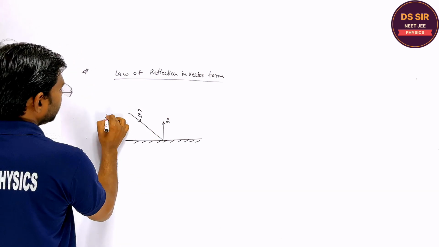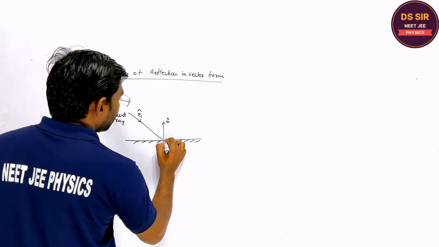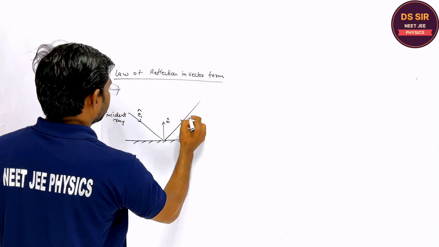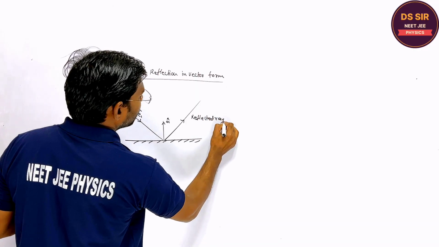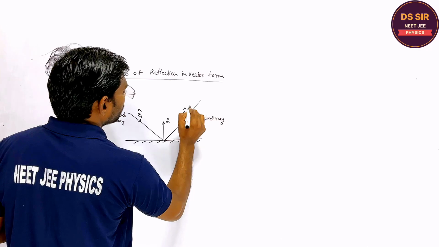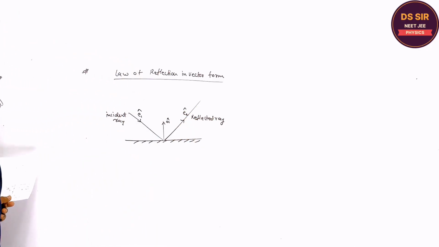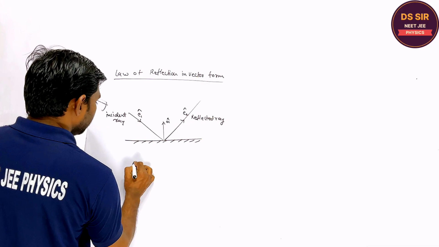It is the incident ray. And this is the reflected ray. And the unit vector in this direction is supposed to be E2, right? So we have to find E2.